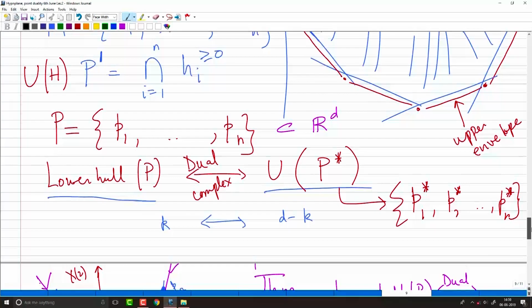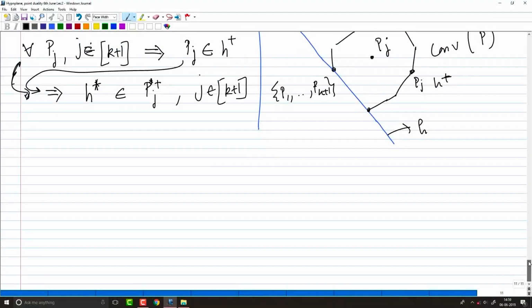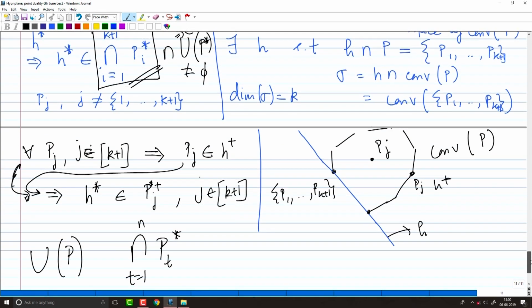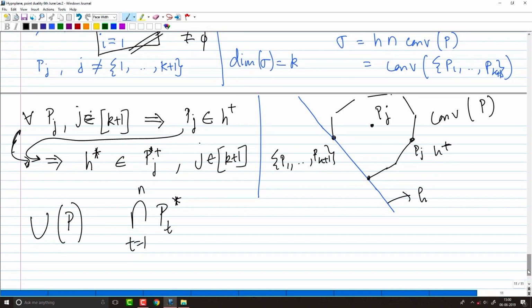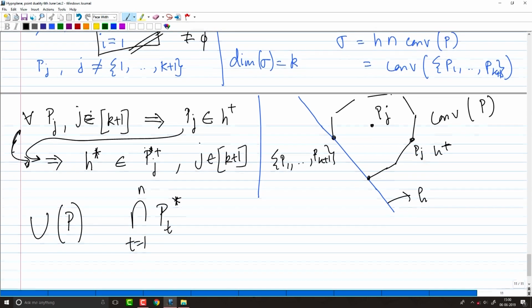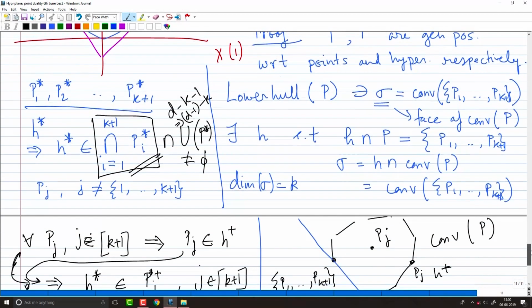Upper hull, or envelope, sorry. The upper envelope was basically the lower faces of this object, the intersection of Pt star for t equal to 1 to n. So does it have a non-empty intersection or not?